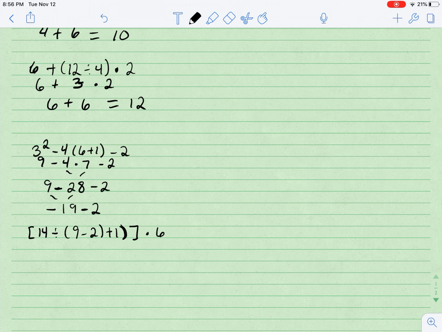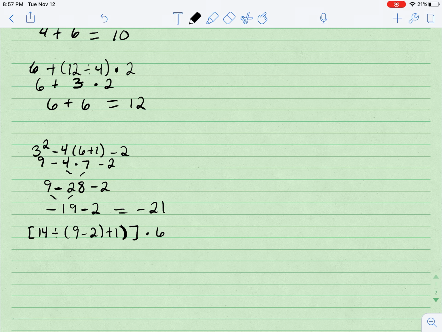Now here it's same sign, so we add them and keep the sign. This will be negative 21. Okay, so parentheses first, exponent, multiplication, then we can do our subtraction left to right.